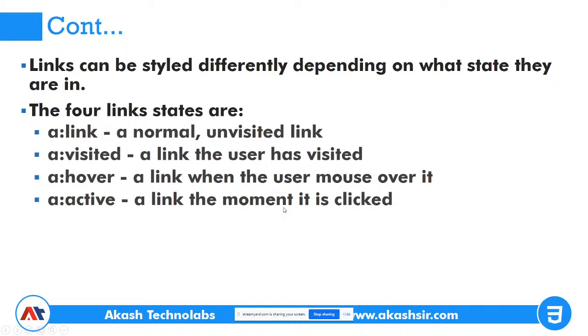Active is the moment when it is clicked, means whenever you're clicking on the particular link, the color will be changed. So we can see in links we have 4 different states: a link, a visited link, a hover, and the active link when you click on it, right? So you can specify the different states and different colors for each state.